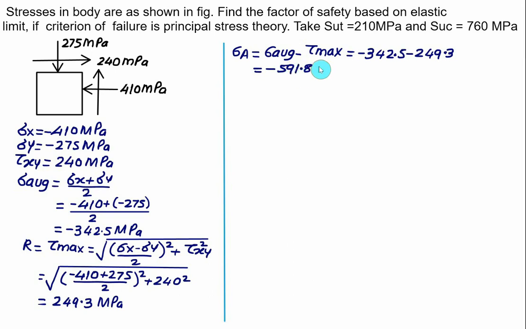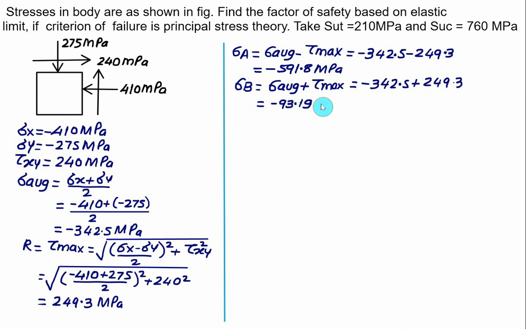That will be the compressive value in megapascal. Similarly, we can calculate sigma b. That will be equal to sigma average plus tau max. The second principal stress sigma b will be the lower value. So we have minus 342.5 and plus 249.3. So sigma b will be the lower value, and sigma b is also negative, minus 93.19.